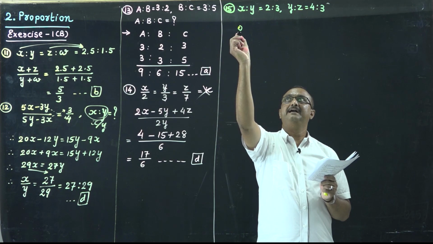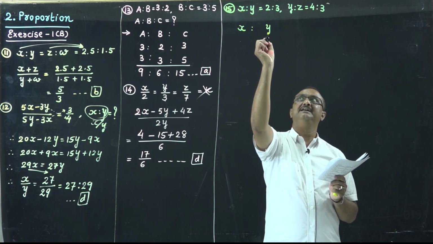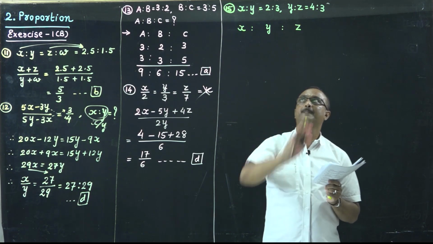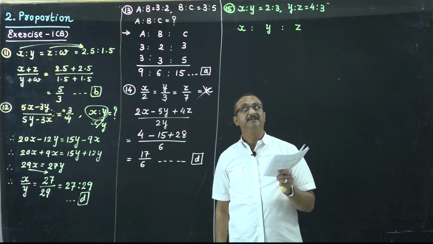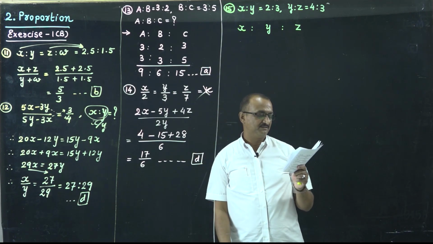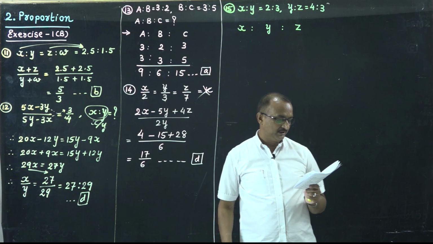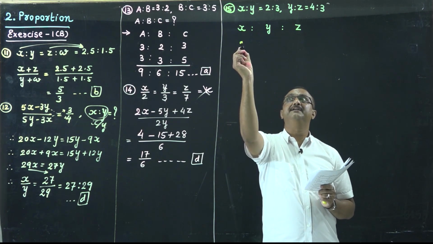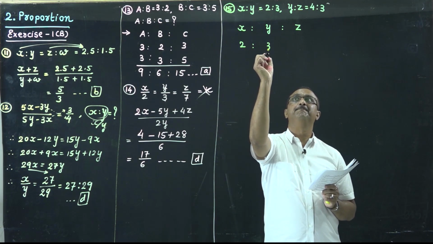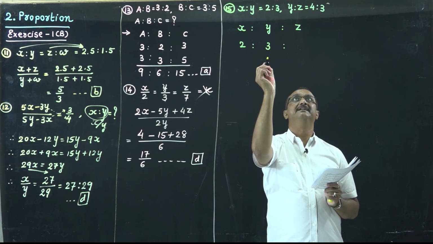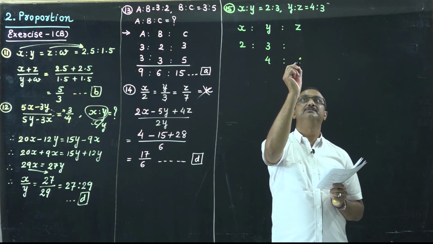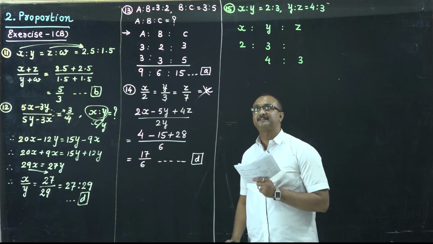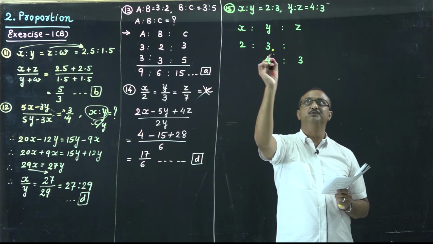Okay, so x is to y is to z. Let's check once more, so that the mistake that just happened doesn't happen again. x is to y is 2:3 and y is to z is 4:3. Which is the common factor? y. y is common in both the terms.